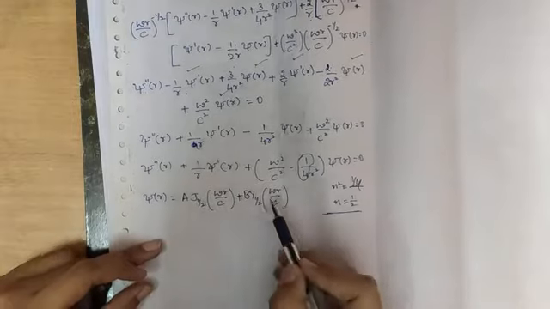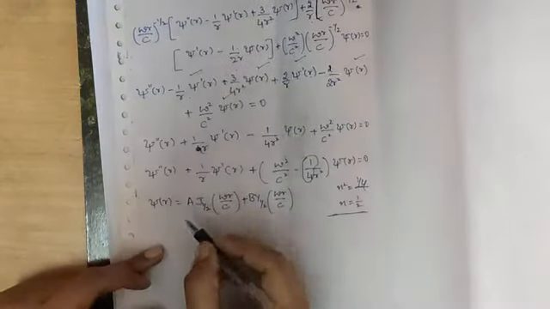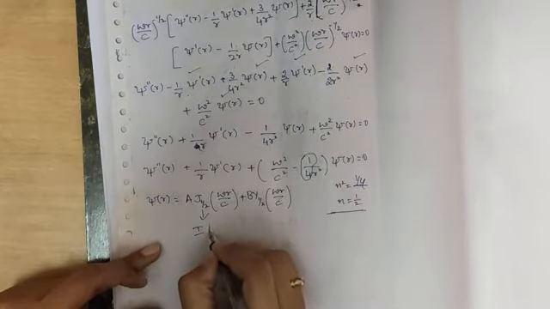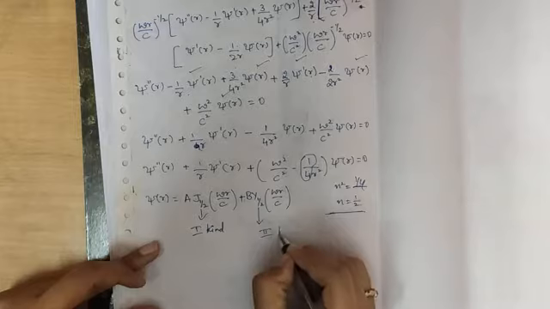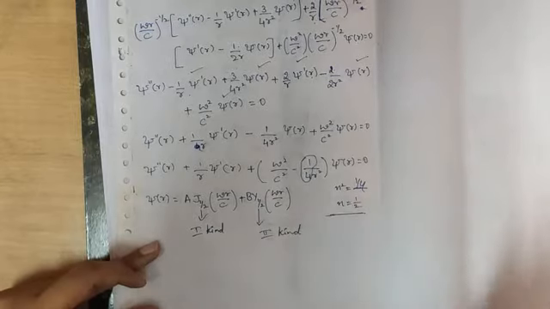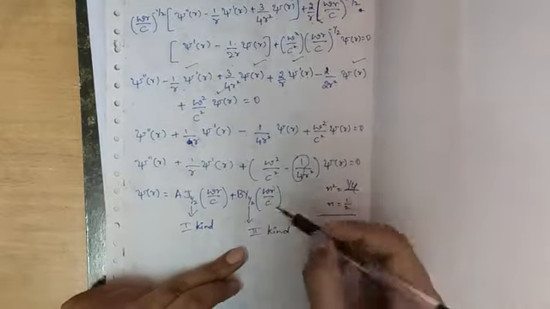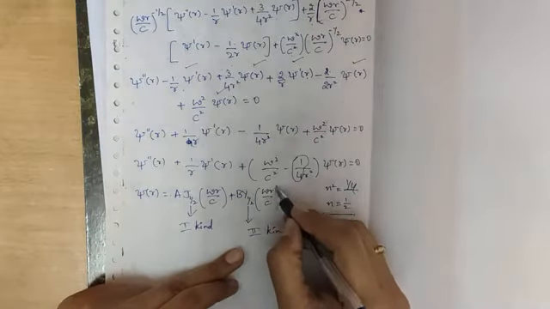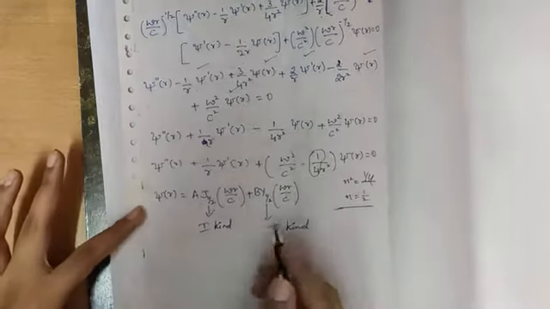J half and Y half are Bessel functions of first kind and second kind respectively. So we know that for the first kind there is a solution. For the second kind, if you consider r tending to 0, this whole term tends to minus infinity.